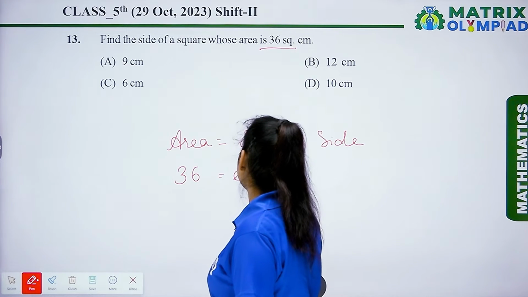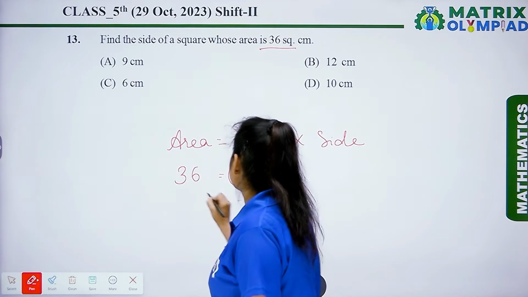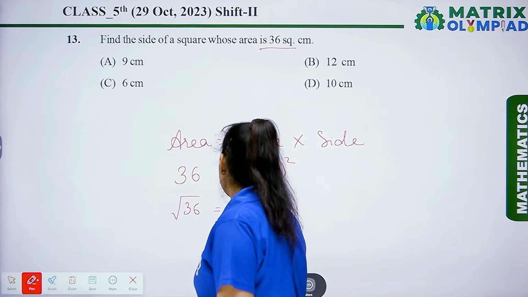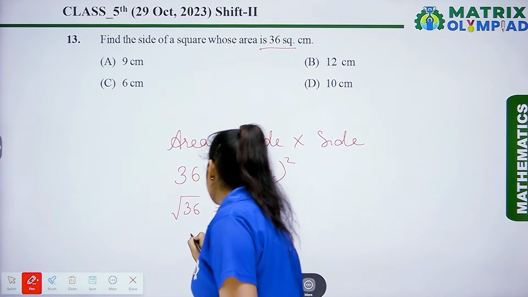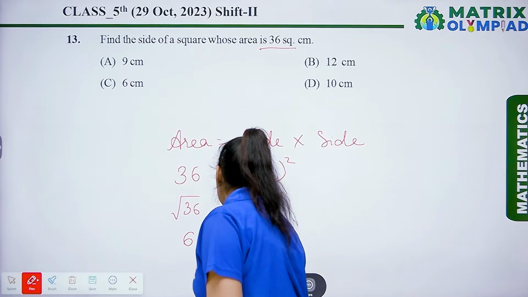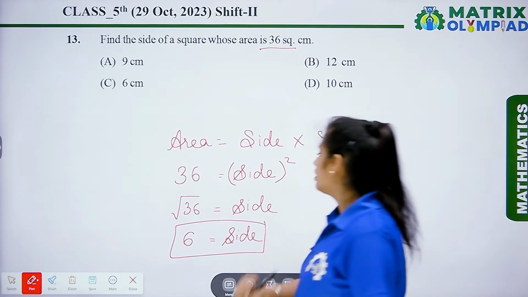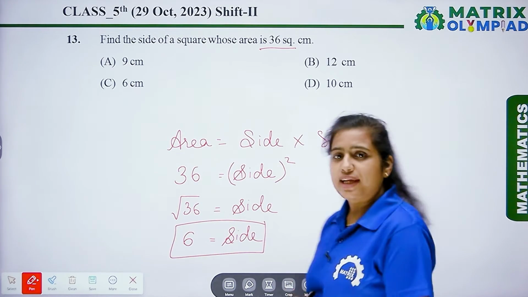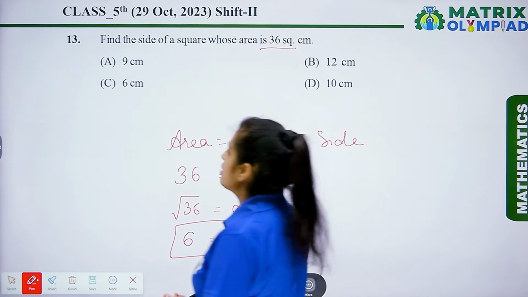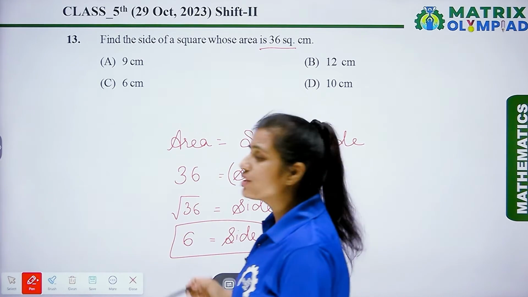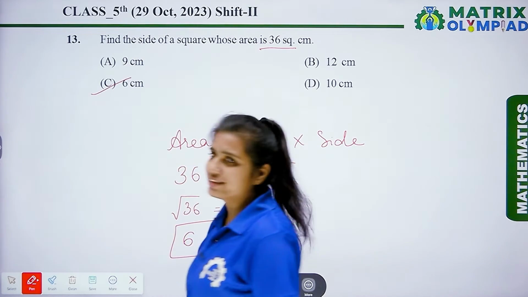Side we have to find out. So the square root of 36 is equal to the side. So here the side is equal to 6. So the value of the side is equal to 6 centimeters. Out of these 4 options, we can say that option C is the correct answer.